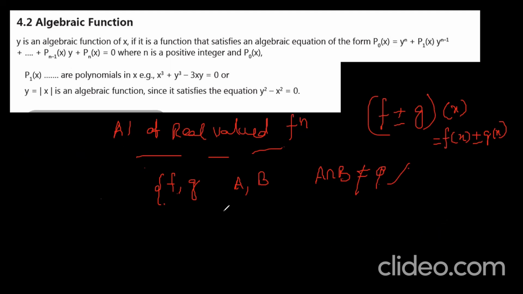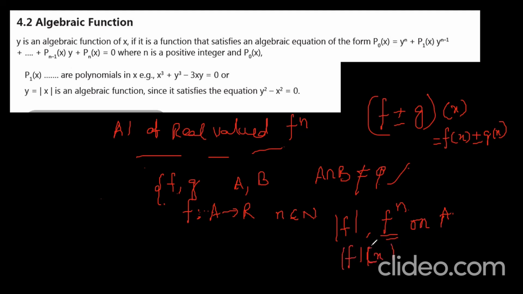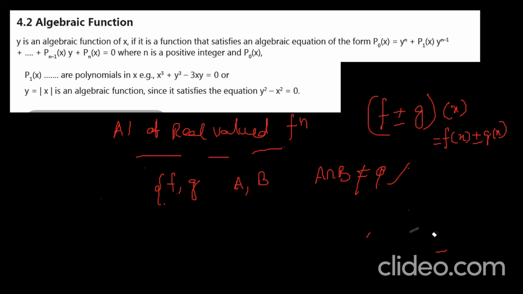The other one: f maps A into R, and I am taking some n belongs to N. Then mod f and f power n are defined on A. Mod f of x is equal to mod of f of x. And f power n of x is the same way, f of x whole power n.